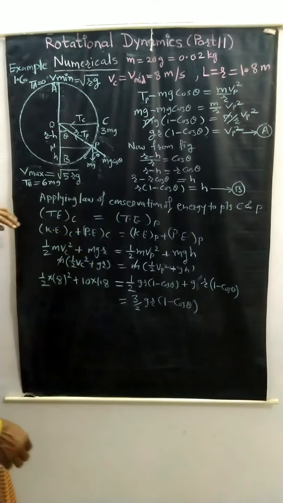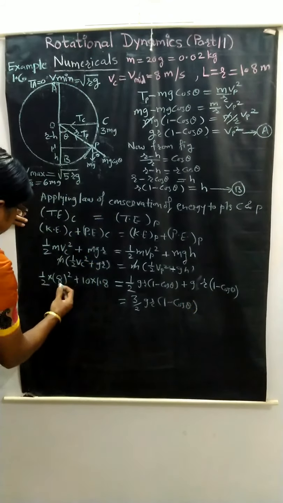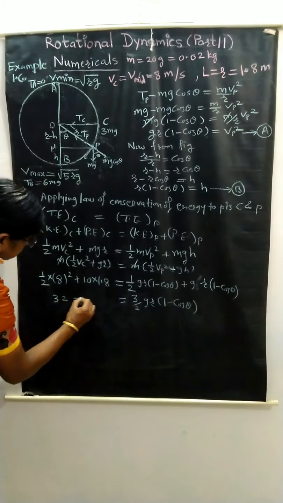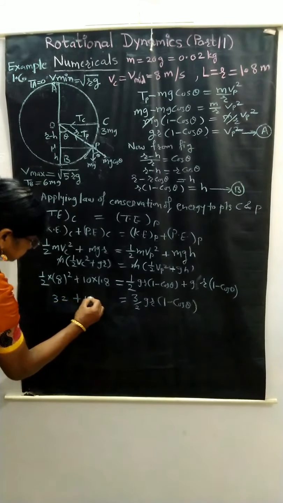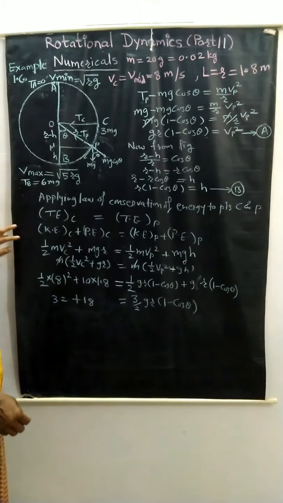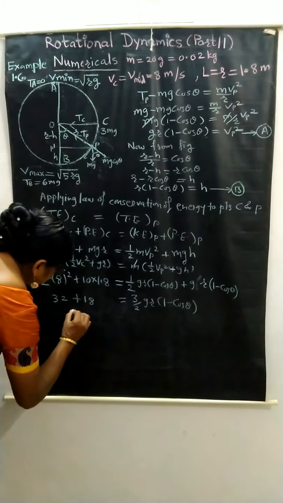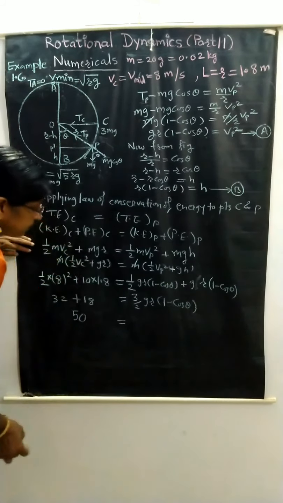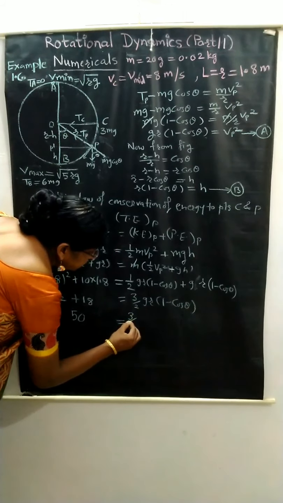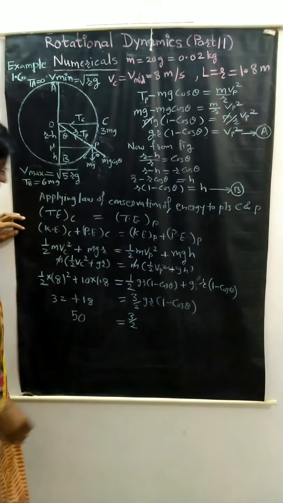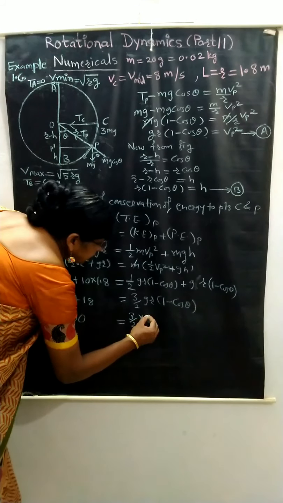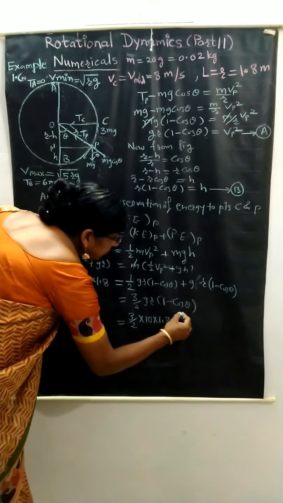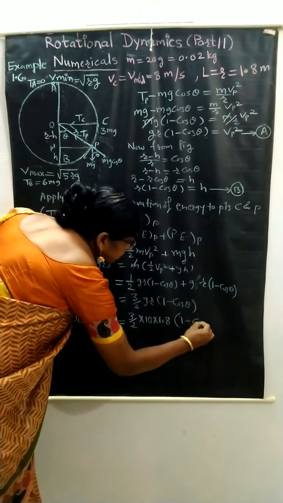And here the value comes out to be equal to 64 divided by 2 means 32 plus 18. And here also it makes 50 on the left hand side. 50 is equal to 3 by 2 into g is 10 and r is 1.8, 1 minus cos theta.